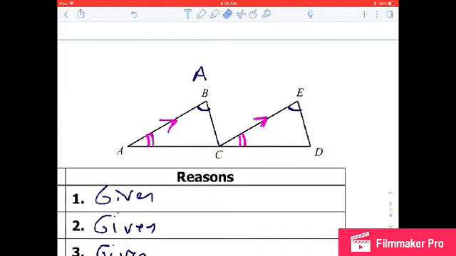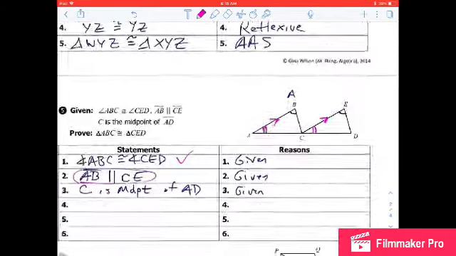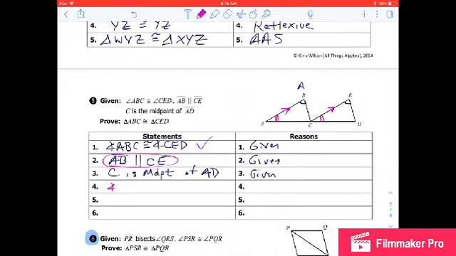They are corresponding angles. Okay, so angle BAC is congruent to angle ECD because of corresponding angles. Okay, so when it says parallel in the given, you're going to use one of your parallel relationships that we talked about last chapter.